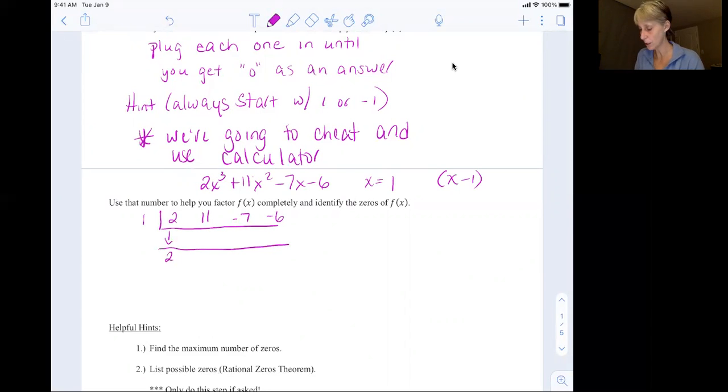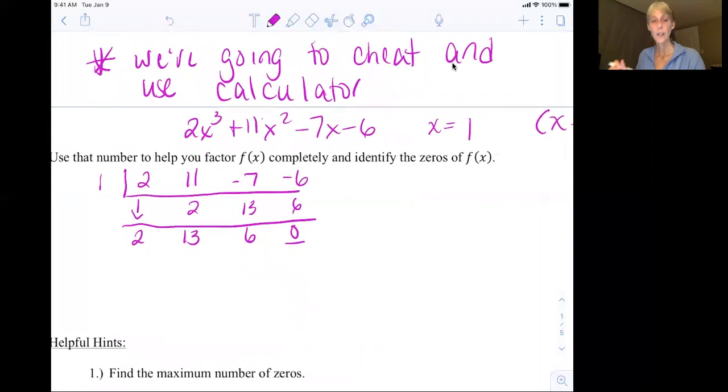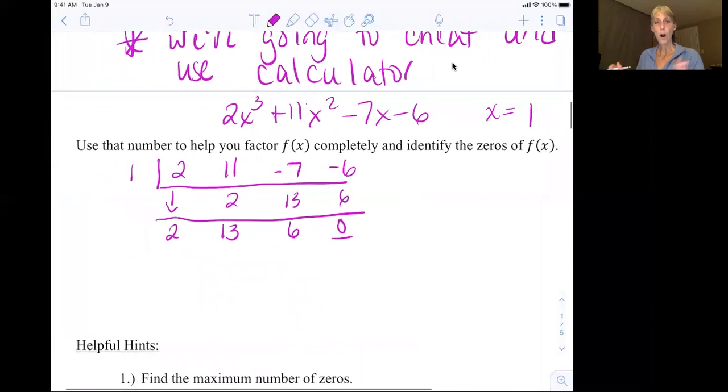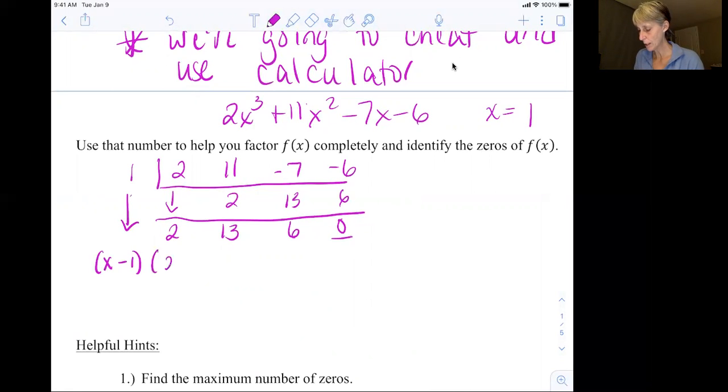You already know how to do this. 2, 13, 6, 0. So from our previous work, using 1 means x minus 1 is a factor, and I'm left with my reduced equation, 2x squared plus 13x plus 6.